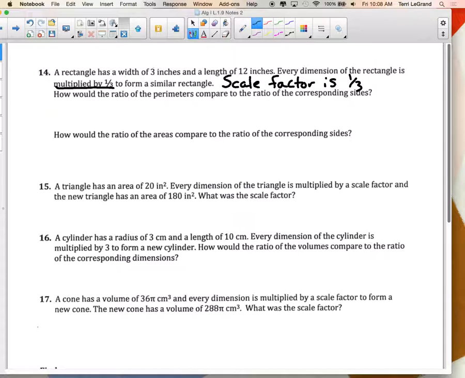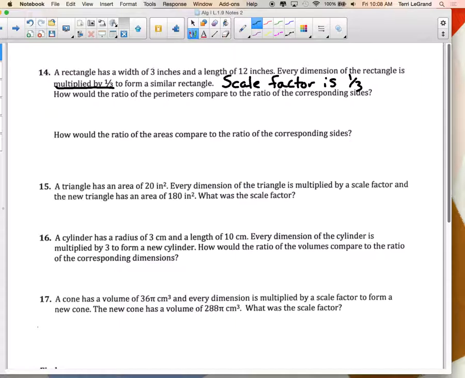So how would the ratio of the perimeters compare to the ratio of the corresponding sides? Or in other words, how would the perimeters compare to this scale factor? What would happen to the perimeter of the new one? It would be smaller. And how much smaller? 3 times smaller.